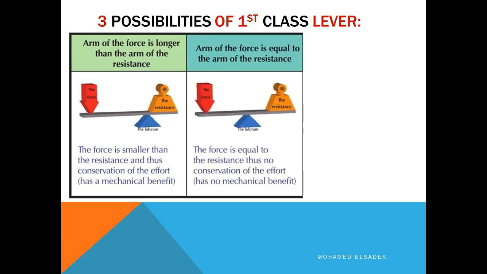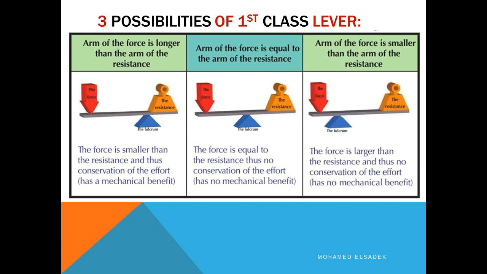Then when arm of force is equal to arm of resistance, force is equal to resistance, thus no conservation of the effort and has no mechanical benefit. Possibility number 3: arm of force is smaller than arm of resistance, so the force is larger than resistance and thus no conservation of effort and has no mechanical benefit.